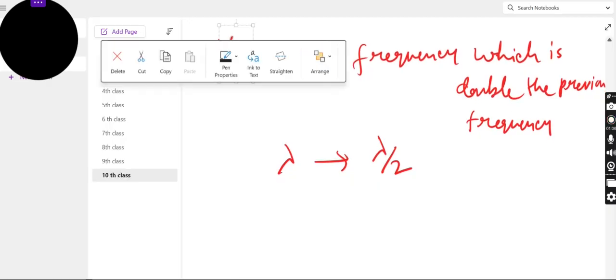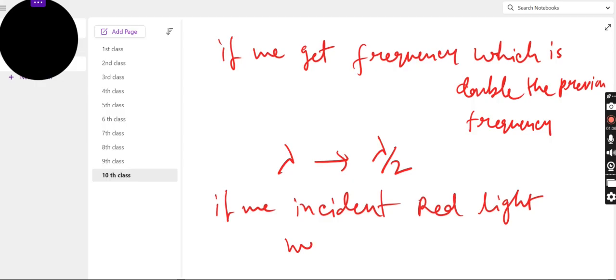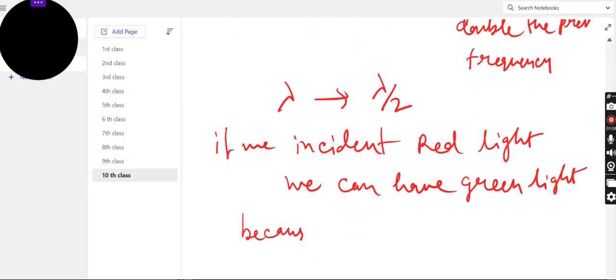So if we incident red light, we can have green light. In the nonlinear region, the frequency does change, and that's why the wavelength also changes.